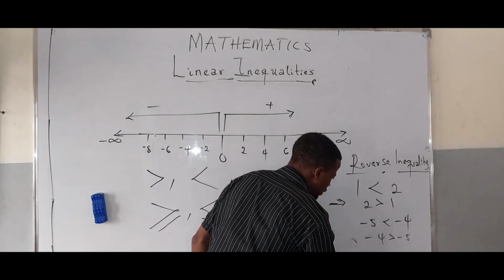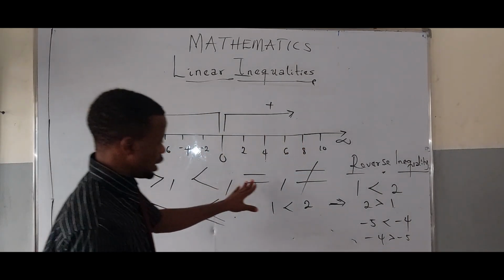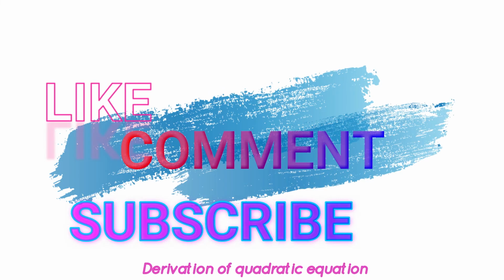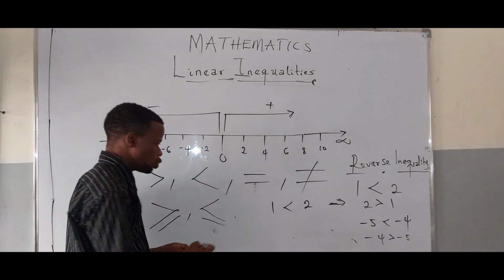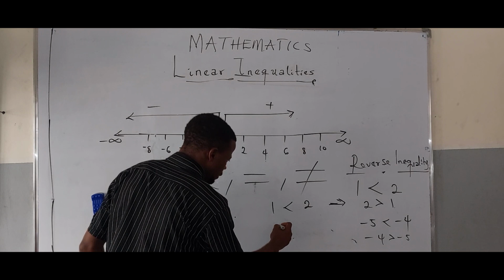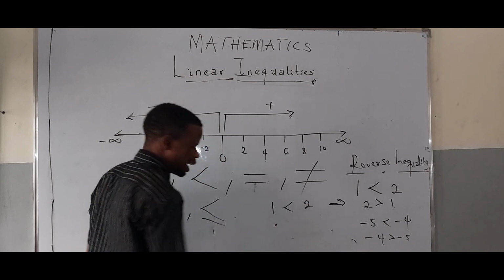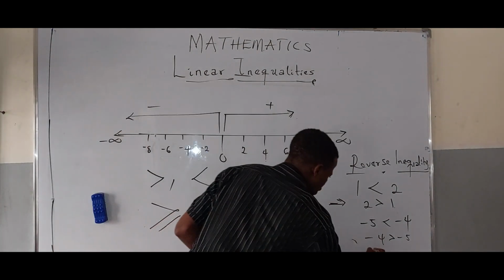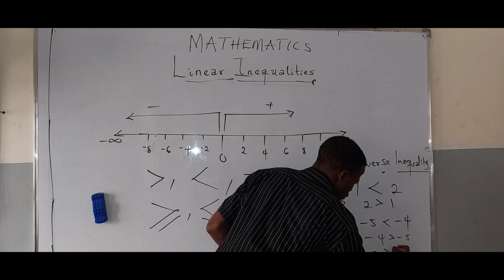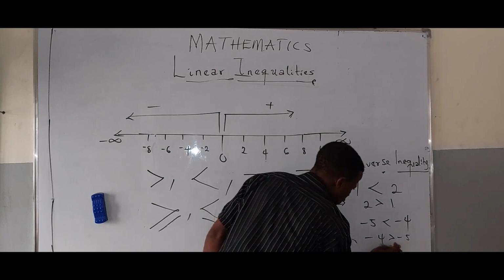I will also say that we have the greater than sign, less than sign, equality sign, not equal to sign, greater than or equal to, less than or equal to. An example of greater than or equal to: we can have a range for this value. Let me use variables.